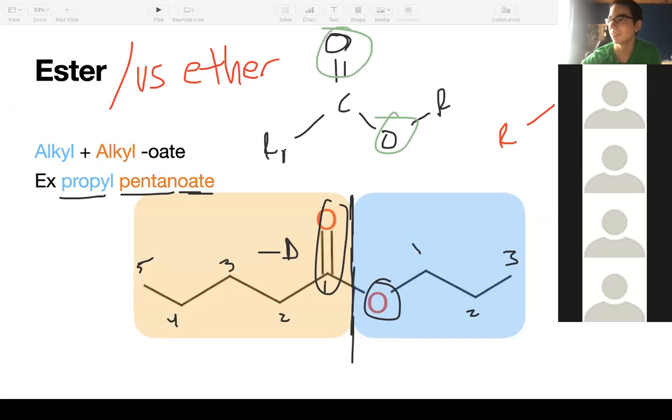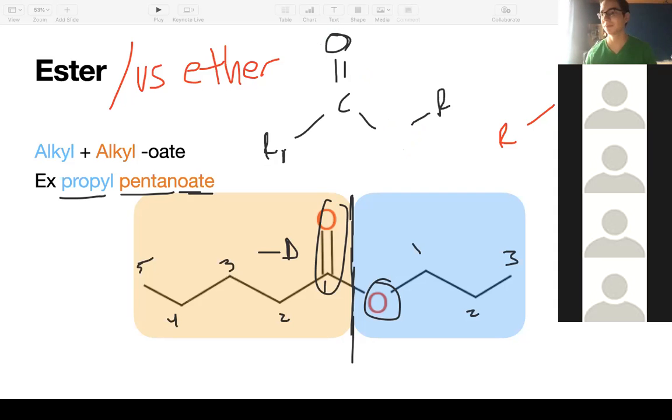But this oxygen is named Ether, and Ether's an ugly name. I've never heard of anybody with the name Ether. So Ether has no friends. So it's all by itself. That's how I like to remember it. Esther, nice name, has a friend. Ether, to the side. So you guys can use that if you want. It helps me out.